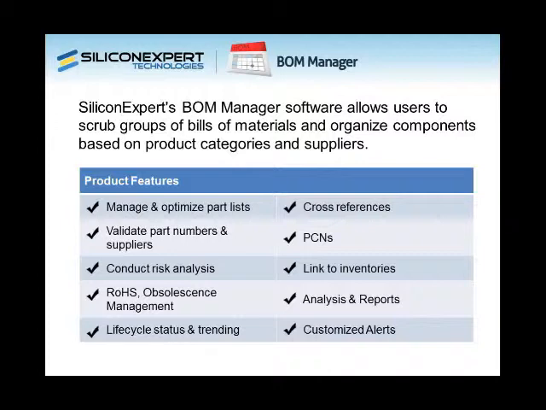You want to find out about obsolescence issues and whether there are parts that aren't compliant. And customers are looking to get lifecycle trending information so that when they design a part in, they can see, okay, well this part is active today, but it's anticipated to go obsolete in 2 years. But this product needs to be around for 7 years, so let's look for a cross that has a few more years anticipated life.